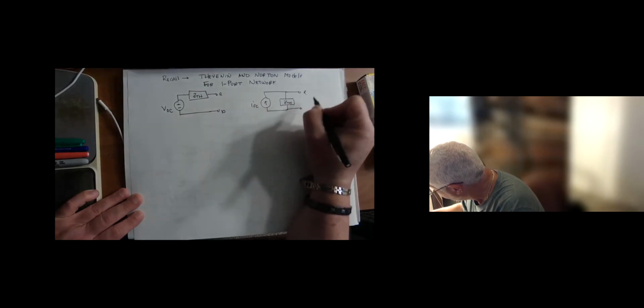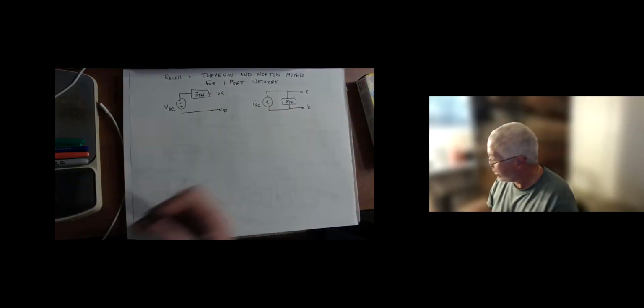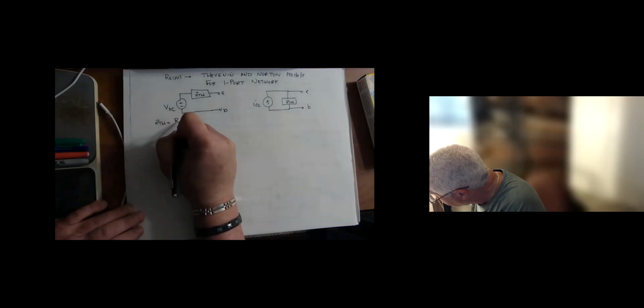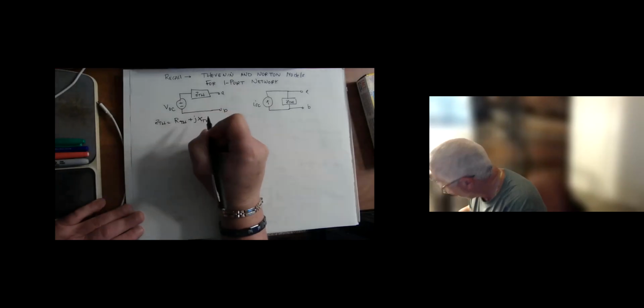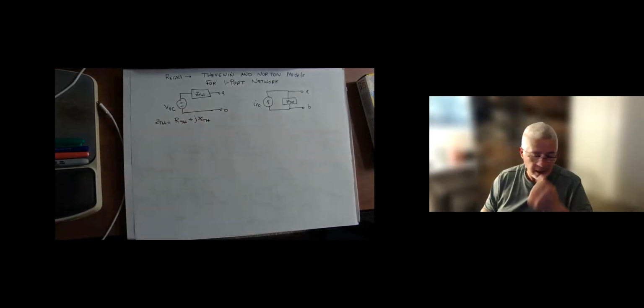So these are the Thevenin and Norton models that we've seen. And of course, we can model the Thevenin impedance as a resistance plus a reactance. That's pretty common.